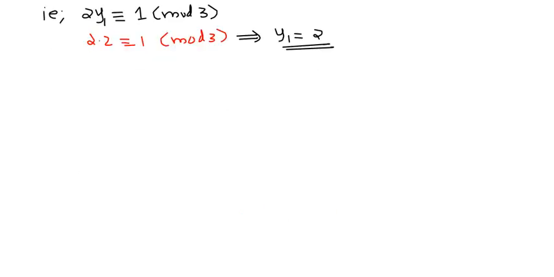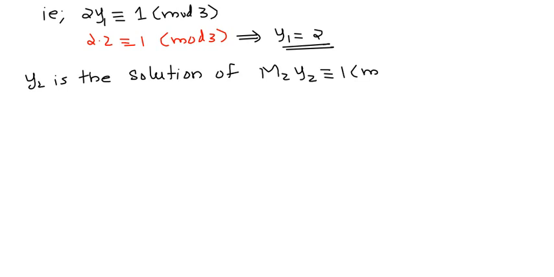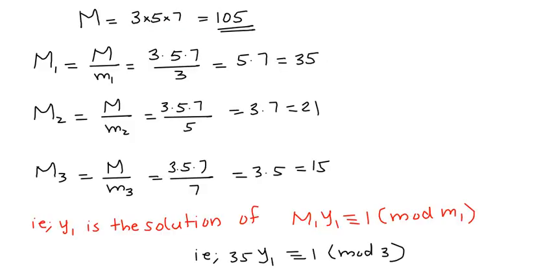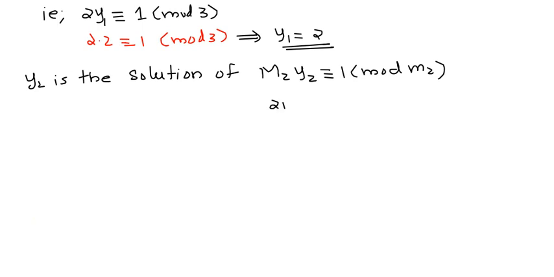Next, what is y2? y2 is the solution of capital M2 y2 congruent to 1 mod small m2. So 21 y2 is congruent to 1 mod 5.